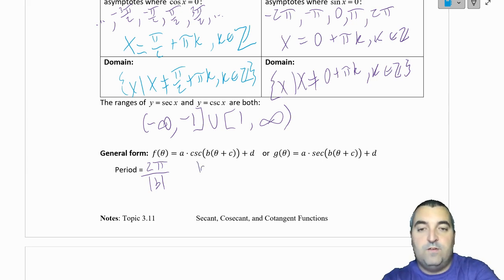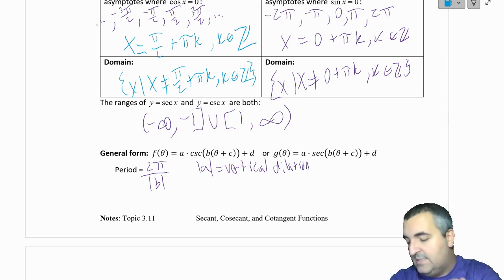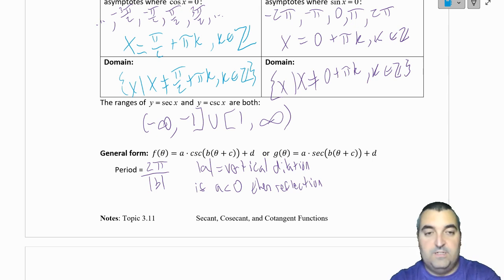The absolute value of a is the vertical dilation. Right, we can't really call it an amplitude change. It kind of is, but it kind of isn't. And then if a is negative, then it's a reflection, right? Reflection in the x-axis, right?